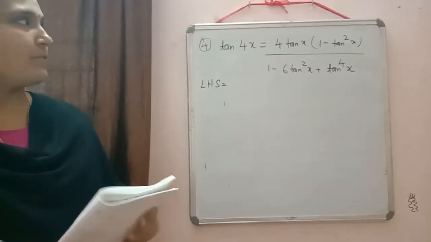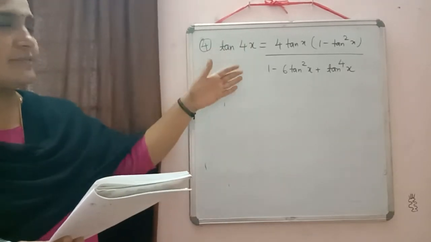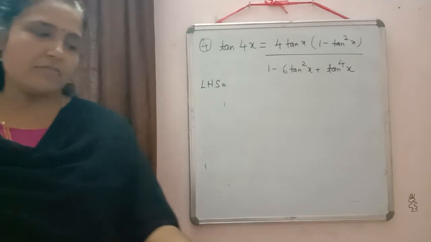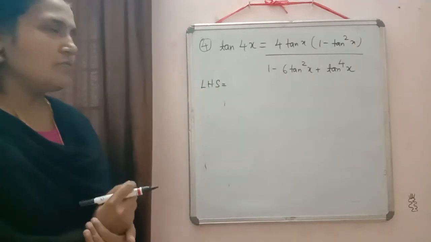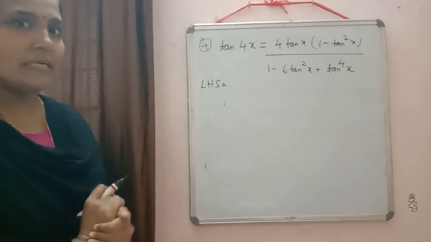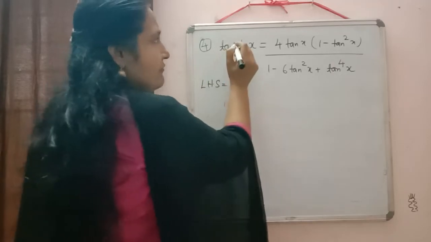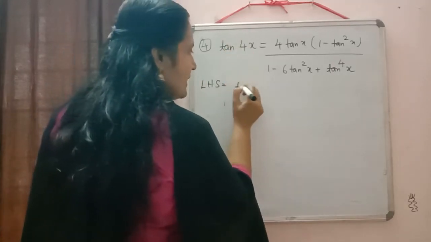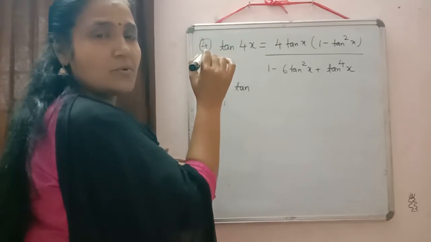Now we have to prove here, just to check what we have to prove. I wrote already. This is from your textbook only. So we have to prove tan 4x is equal to the right hand side. So we know the formula of tan 2 theta now. So now that formula we can use if 2 is there. So 4 can be written as 2 into 2x.